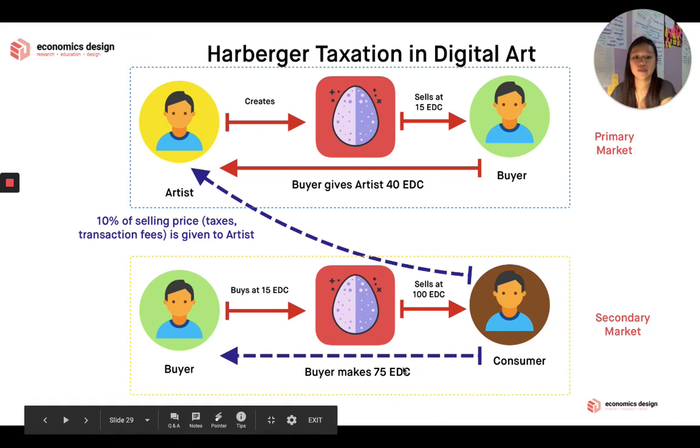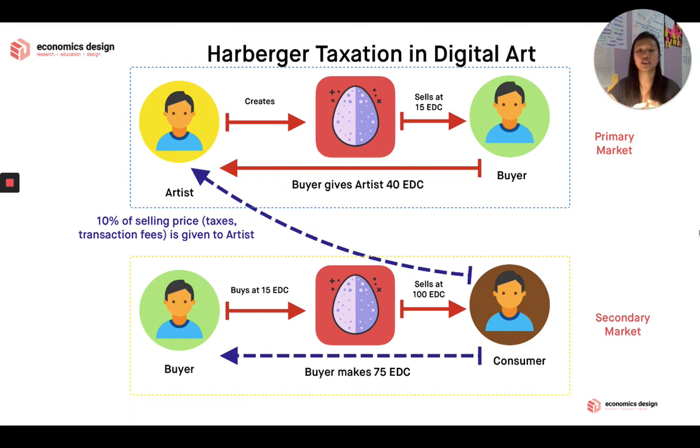So the buyer makes 75 coins. And this is a very, very small model of how Harberger's taxation can work in digital art. It doesn't even have to be art. When you have online games and you have weapons and skins for your game and stuff like that, it can also work.